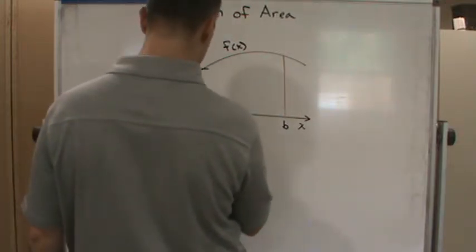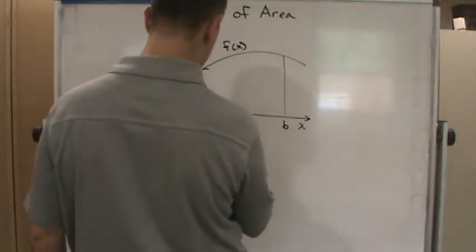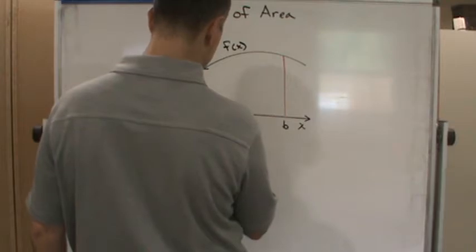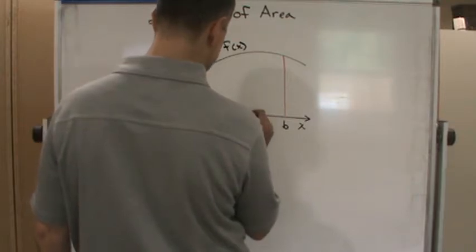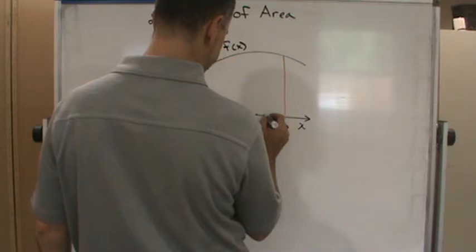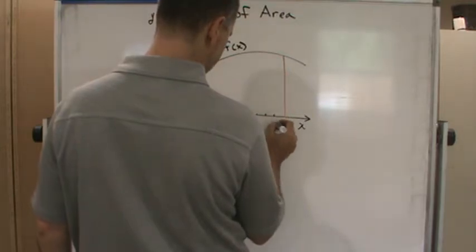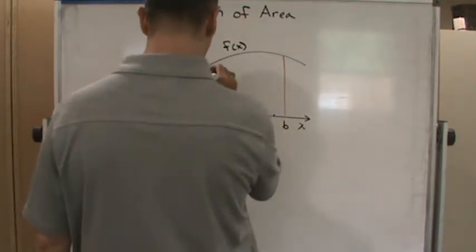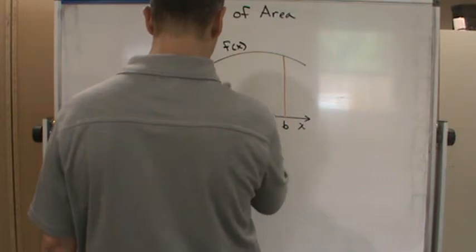Let's say we want equal rectangles. We want our rectangles to be the same. That'll make it easier for us to calculate.